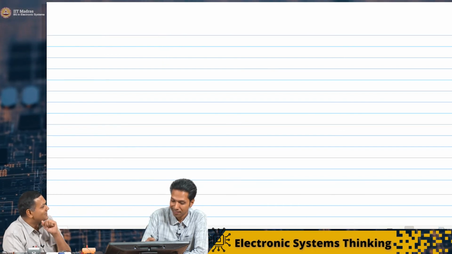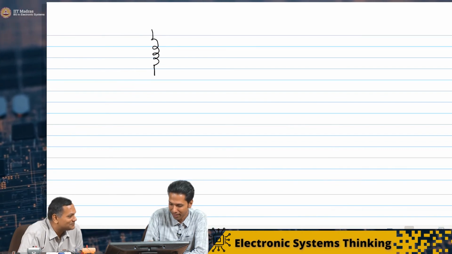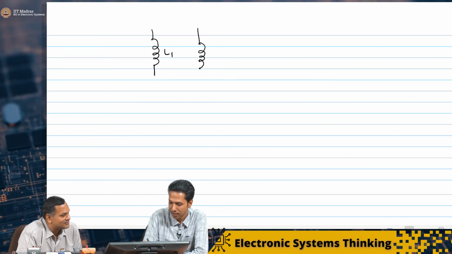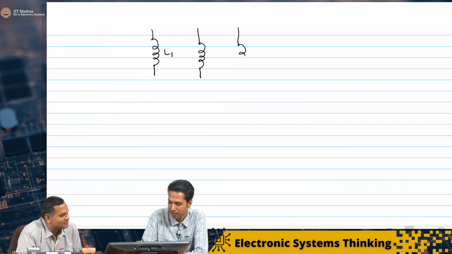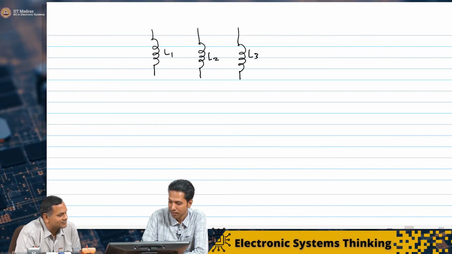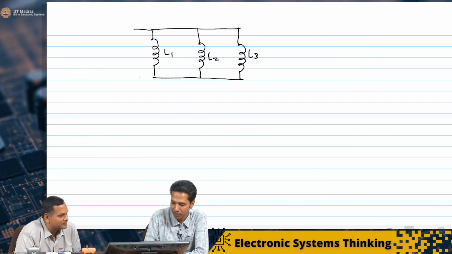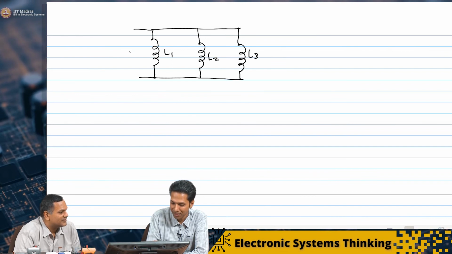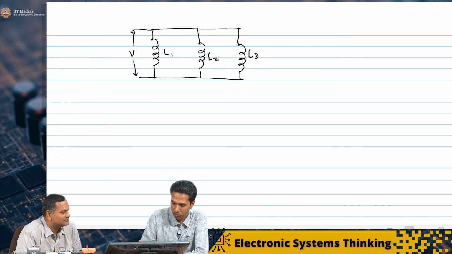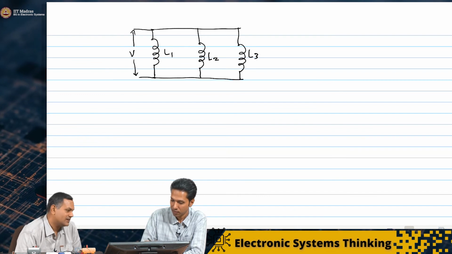I'm guessing it should look like a resistance when they are connected in parallel. Let's say L1, L2, L3. What is common here is that the voltage is the same for all, and the currents will be different.